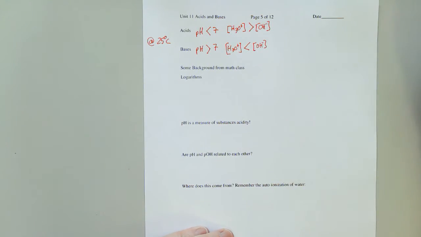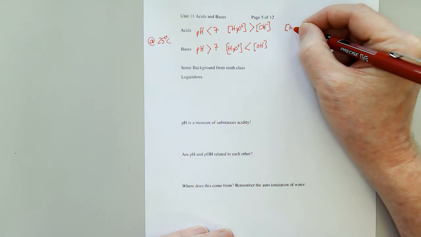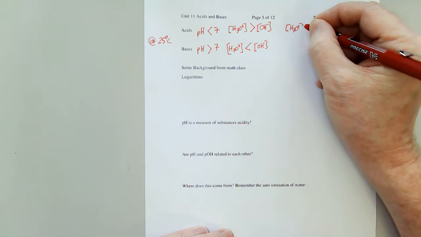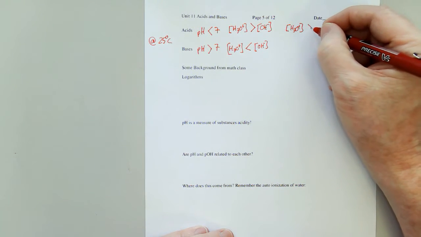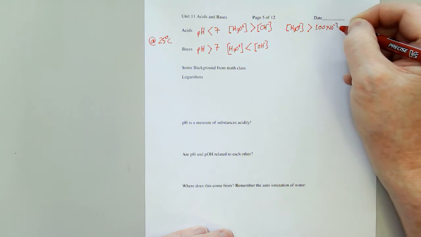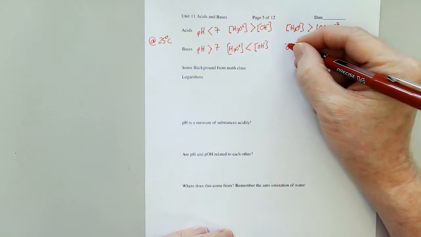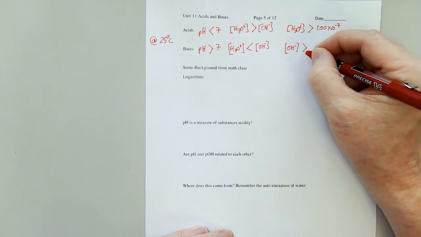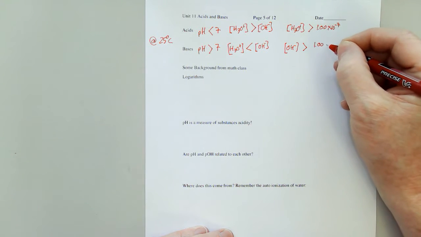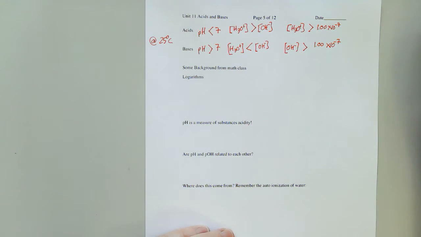Now mathematically, if this is 25 degrees Celsius, the concentration of the H3O plus is going to be greater than 1.00 times 10 to the negative 7th, and the concentration of hydroxide for a base will be greater than 1.00 times 10 to the negative 7th.